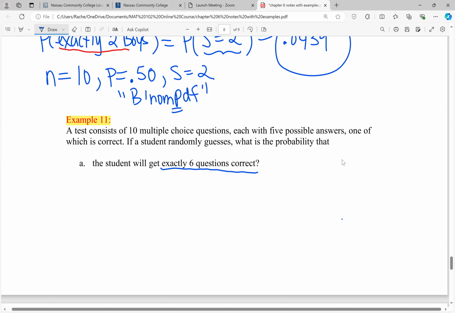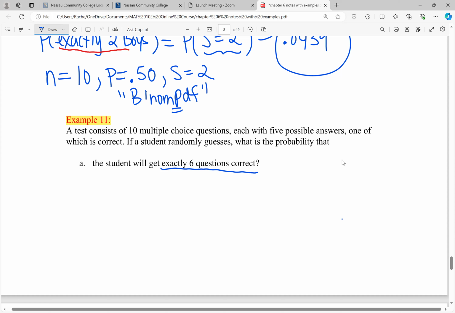Meaning there's 10 questions. So we're going to have 10 shots at this. So there's 10 stages to this experiment, and they're all independent of each other, meaning if I guess on the first question, me guessing on the second question and getting it right has nothing to do with the outcome of the first question, right? All these questions are independent of one another.